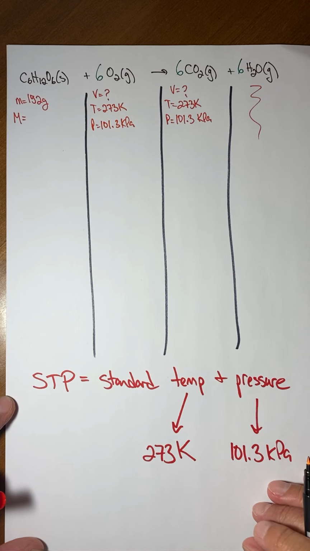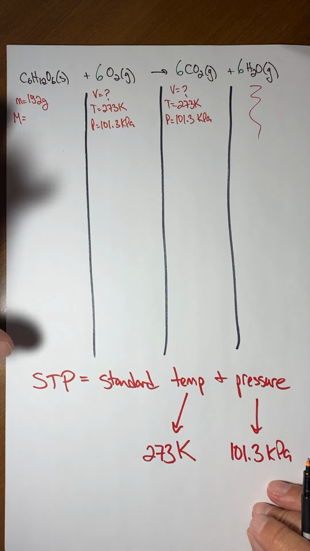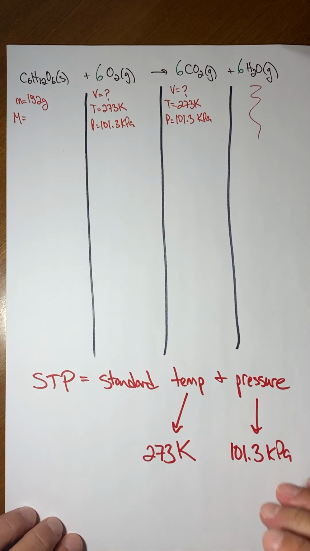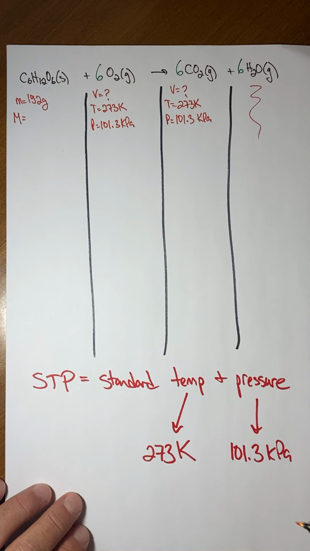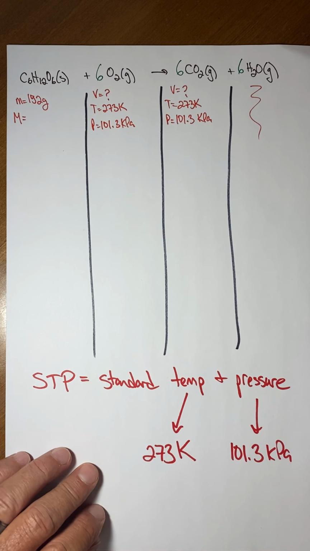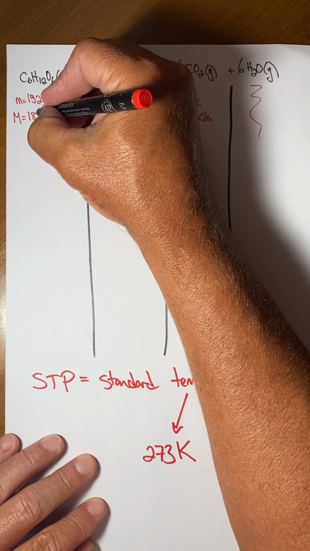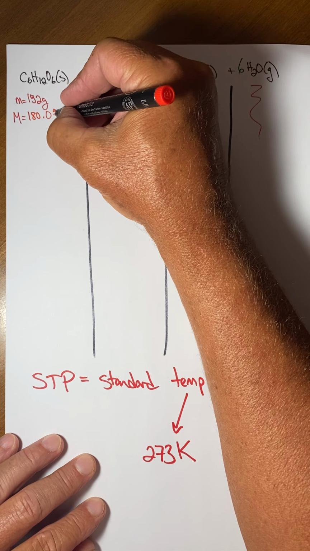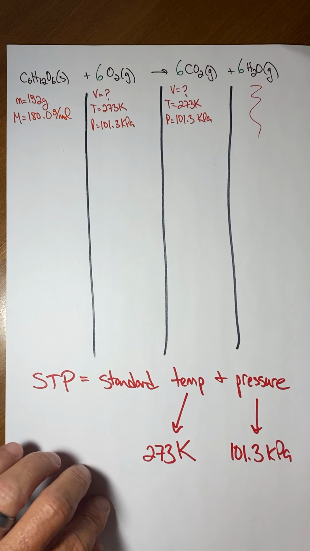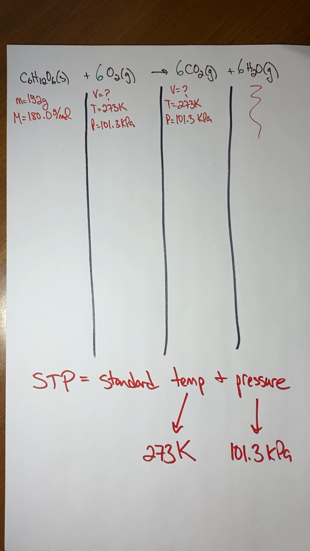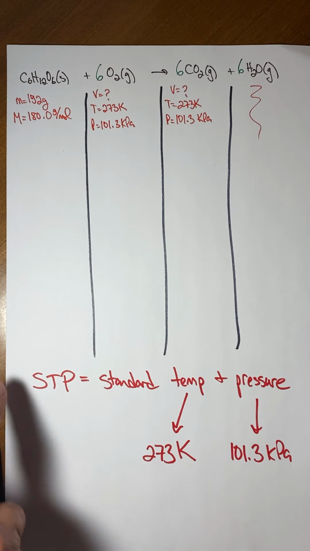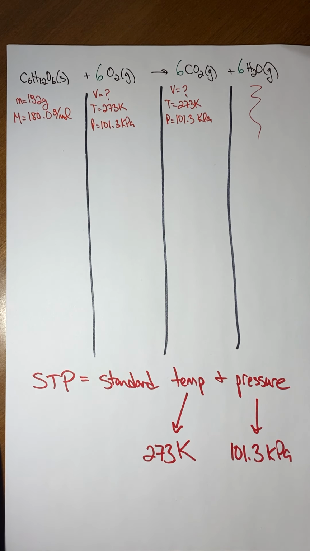So now I'm going to find the molar mass of glucose. So it's 6 times 12 plus 12 times 1 plus 6 times 16. And when I do that, I am going to get 180.0 grams per mole. Okay, so now I've gotten all my givens. So the next step, unless it's given to you, you're generally going to have to find the number of moles of something.